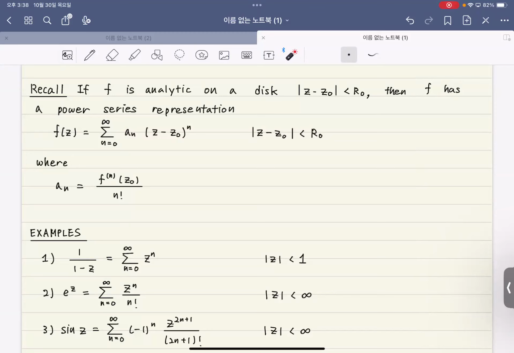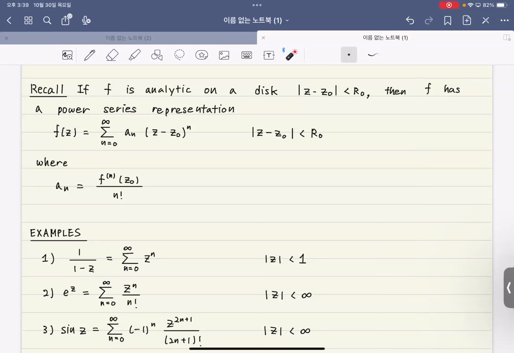Suppose that you have a power series that has some non-trivial radius of convergence. In that case, your power series should be converging to some analytic function on the inside of the circle of convergence, right? And what I will claim is that the function that is represented by that power series also must have some Taylor series. Why? Because your function is also analytic, right? Because, remember, any function defined by using a power series is automatically analytic.